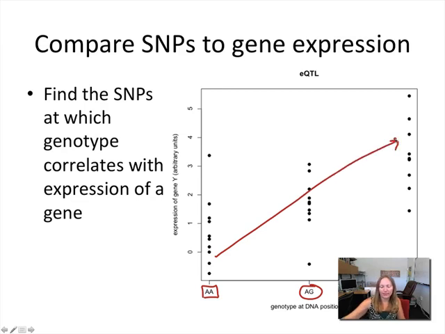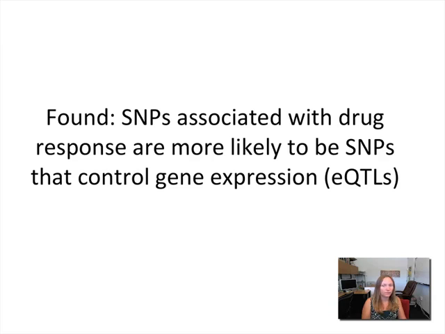So they tested all of these positions that they knew to be correlated with drug response and looked for correlation with gene expression of any gene. What they found is that SNPs associated with drug response are likely to be SNPs that control gene expression, likely to be these EQTLs.